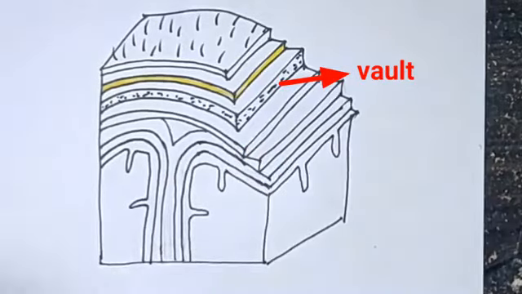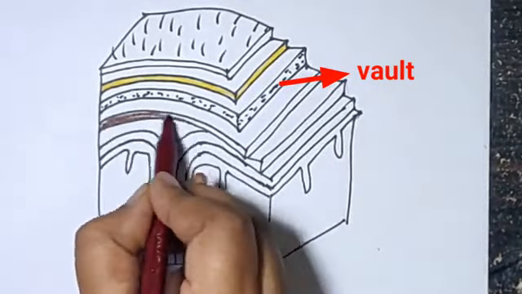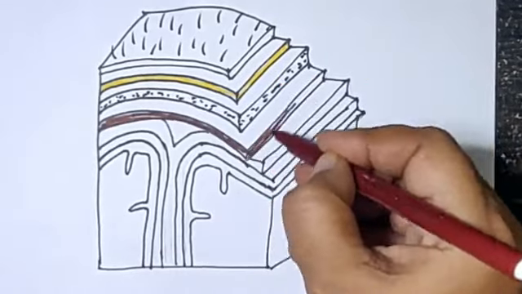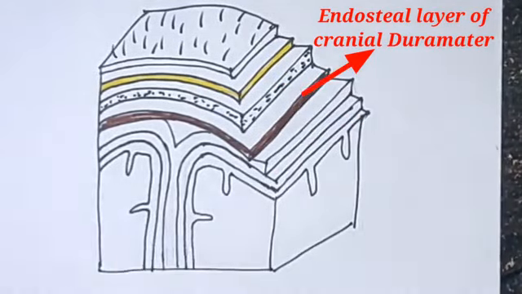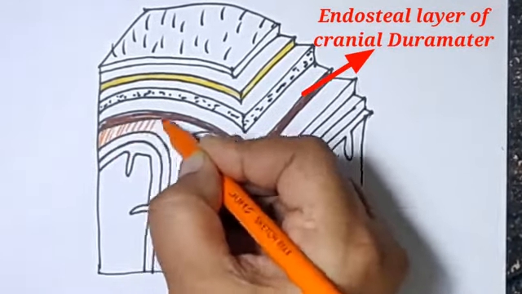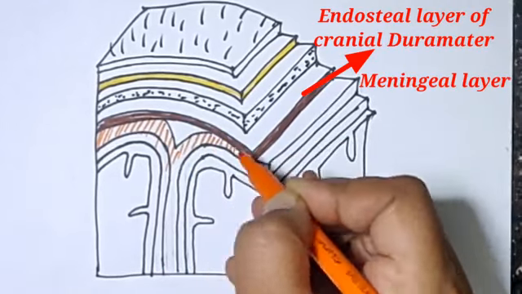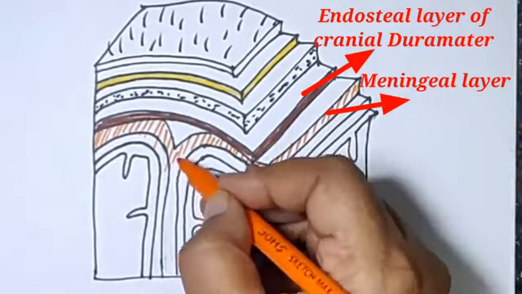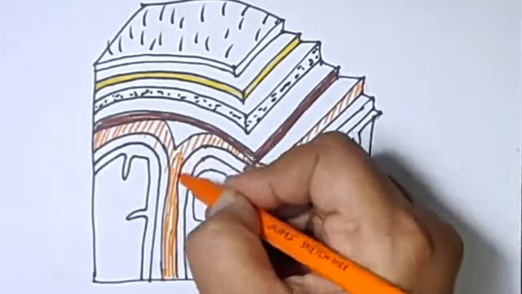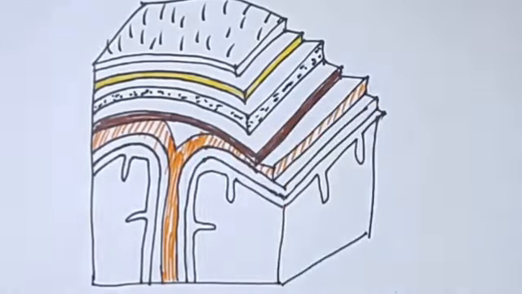On the inner surface of the calvaria, the three meningeal layers are arranged. The outermost is the cranial dura, which is bilayered. The outer is the endosteal layer. The inner is the meningeal layer. Both are closely related except in a few places where they are separated.